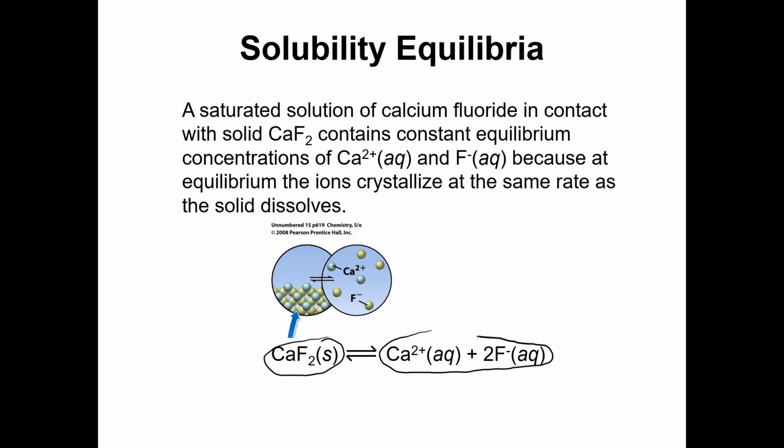If we add some calcium fluoride to water, a certain amount of that is going to break apart into calcium ions and fluoride ions. So we can write an equilibrium constant for this. And remember that we don't include solids in the equilibrium constant expression.